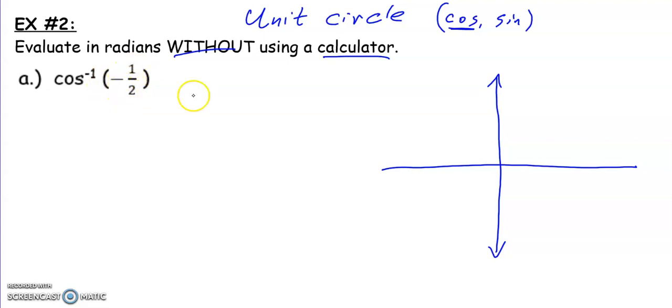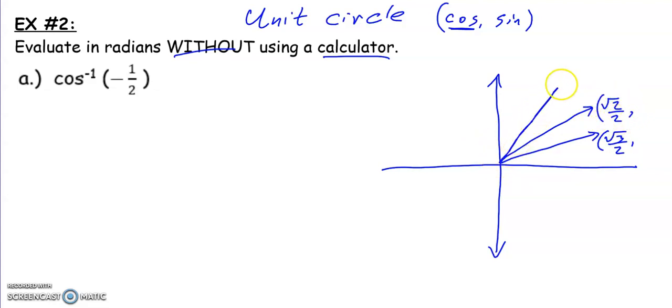I'm going to ignore the sign for a minute. I'm going to say 1/2. So I know when I draw in my unit circle, this is the point with radical 3 over 2 for my cosine, and then this is radical 2 over 2 for the cosine, and then this gives me 1/2 for cosine. I'm not worried about the sine values because I'm talking cosine.